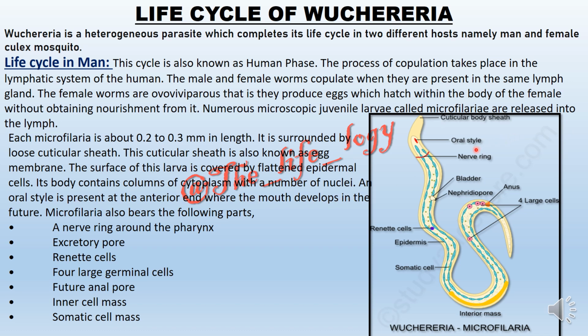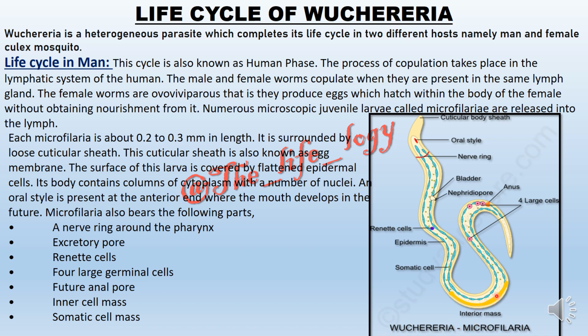So here you can see the diagram of the Wuchereria microfilaria. The cuticular sheath is present, the oral stylet is present at the anterior part, nerve rings are present, the bladder is developed, and the nephridiopore is also developed. The anus and four large cells are also present in the microfilaria. Renette cells, epidermis, and somatic cells are also present.